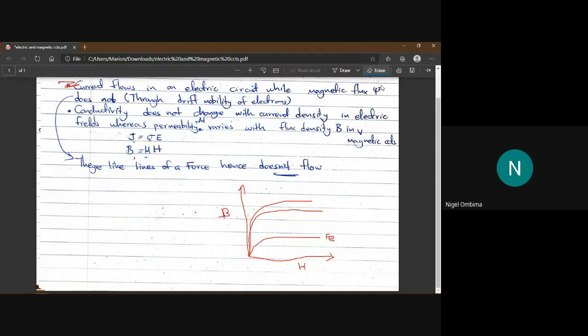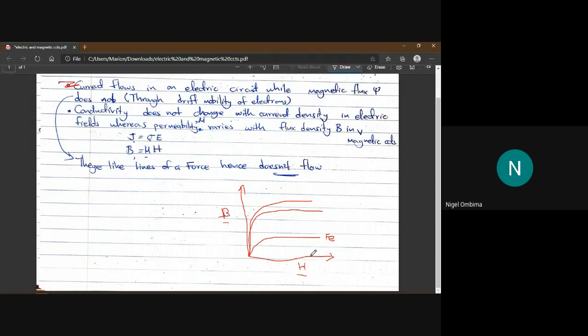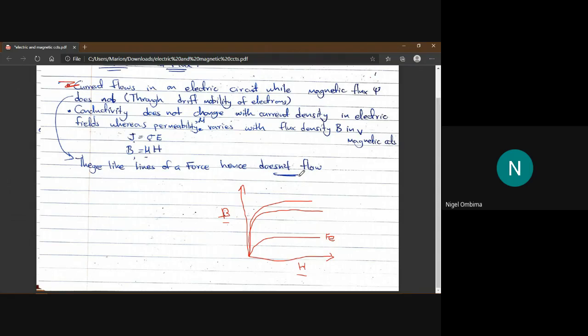We can assume B to be returns and H to be investments. For different materials, now different businesses, you continue putting in investment, but it reaches a point where the returns become different depending on the type of investments you're making. So that shows that permeability varies with flux density. Yeah, that's it for my question.